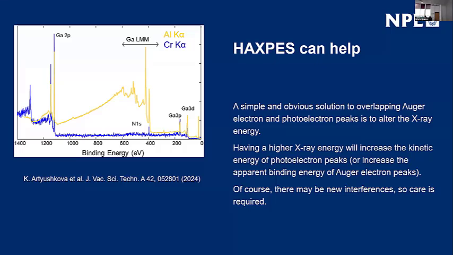So the only way around that is to shift the photoelectron peaks to higher kinetic energy, so that you don't get that overlap. Then you can see the nitrogen 1s clearly. Now you can do a quantification and understand something about that material.